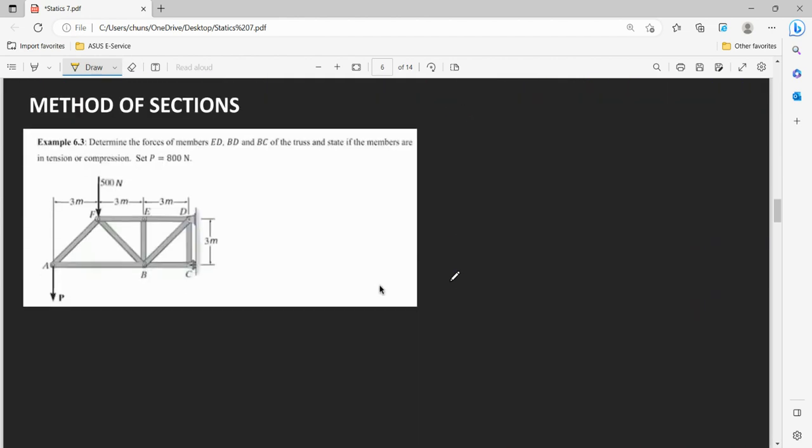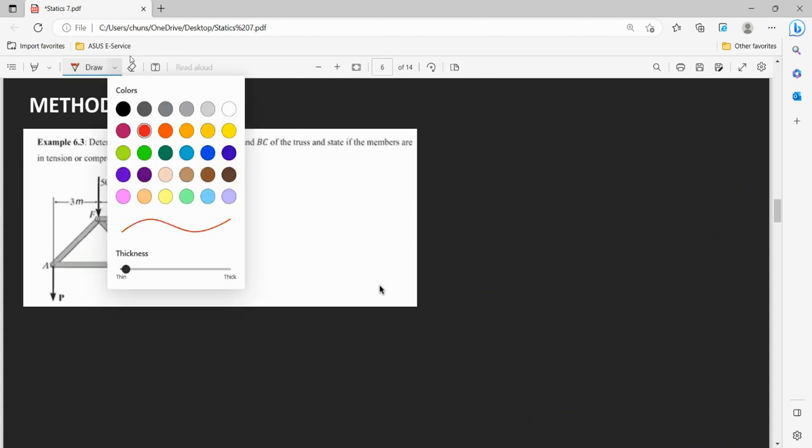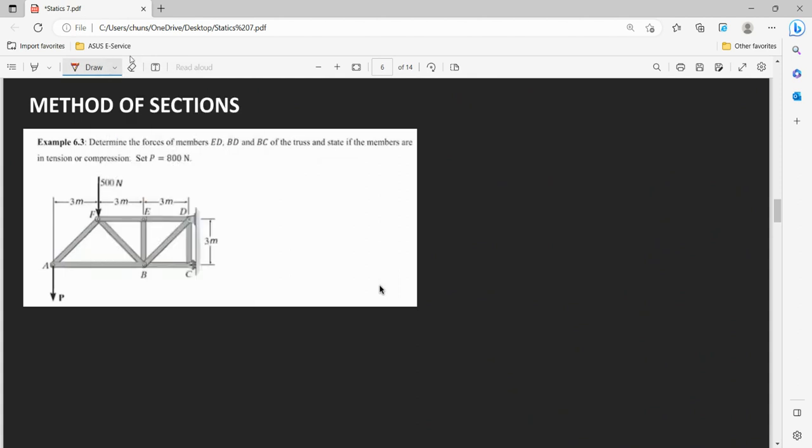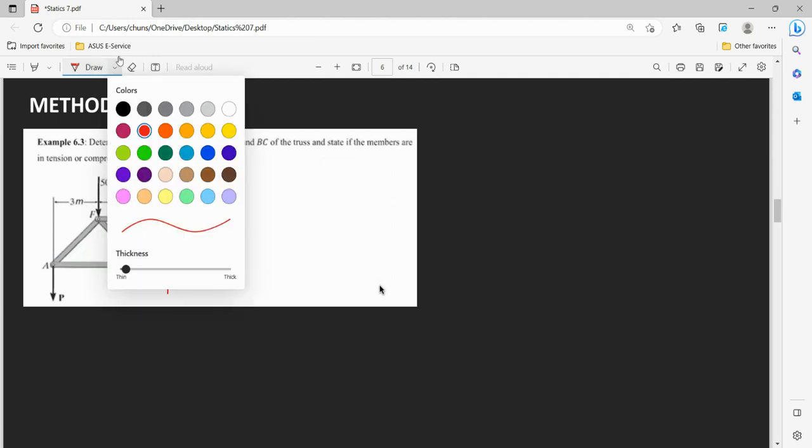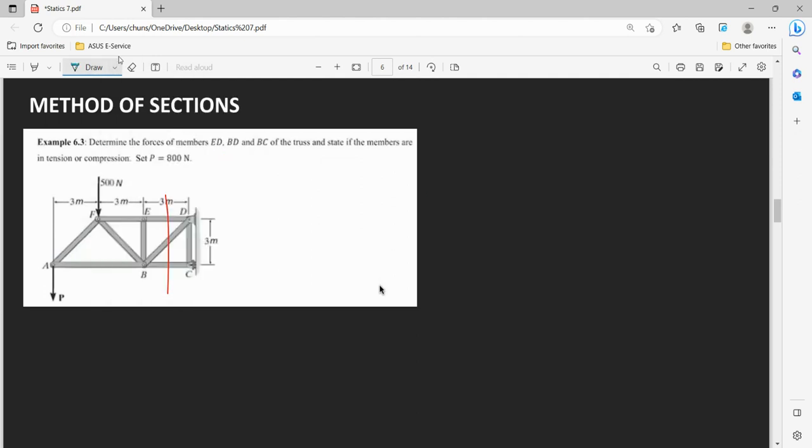So we're going to do another example. Determine the forces of members ED, BD, and BC. So that means we want to cut it here. When we cut that, let me draw the left side. So the left side is going to look like this.